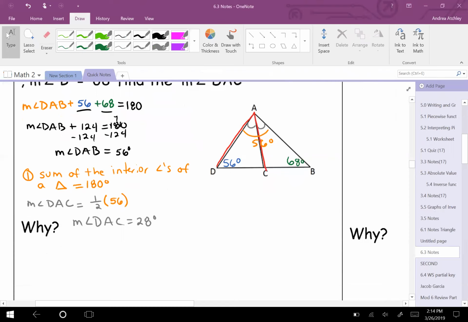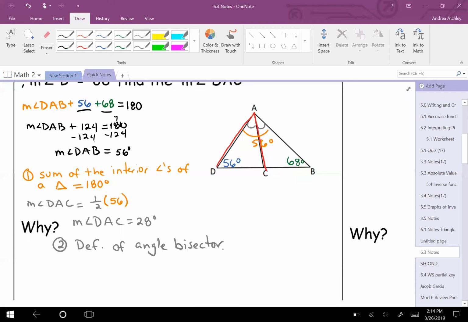And how do I know that? Very good. The definition, so our second reason was the definition of angle bisector. Any questions over that? We're all good?